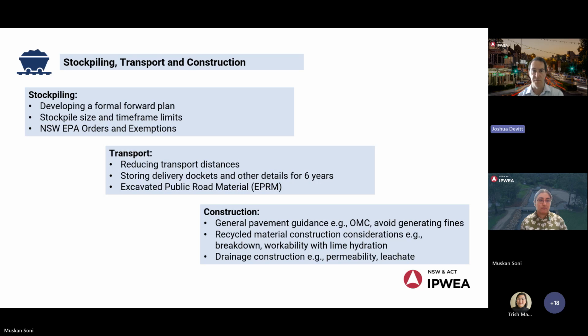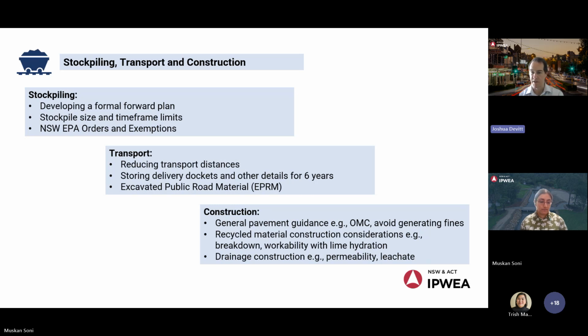Okay, so stockpiling, transport and construction. There is certainly some guidance around stockpiling. A few things to note: the stockpiling of recycled materials is typically more restrictive than the use of virgin materials. We've been working with the EPA on clarifying the exact level of difference between the two.